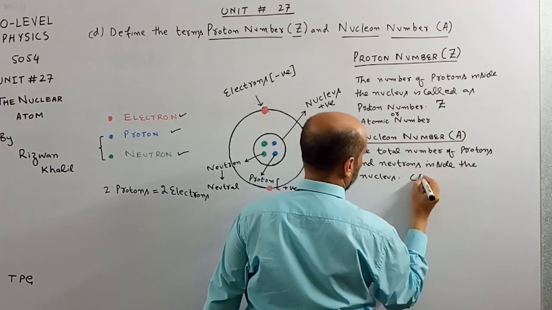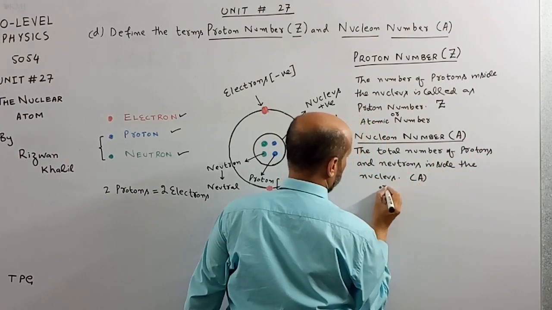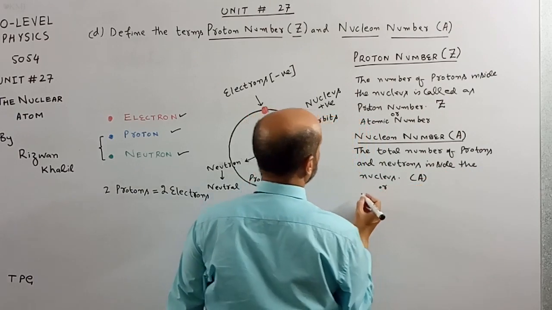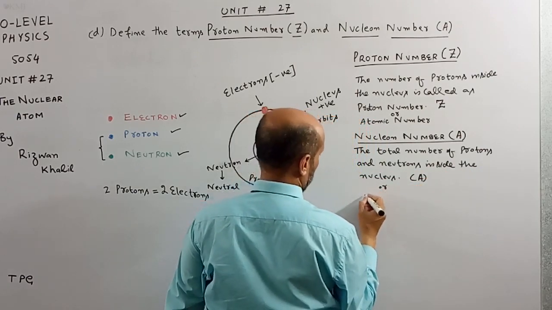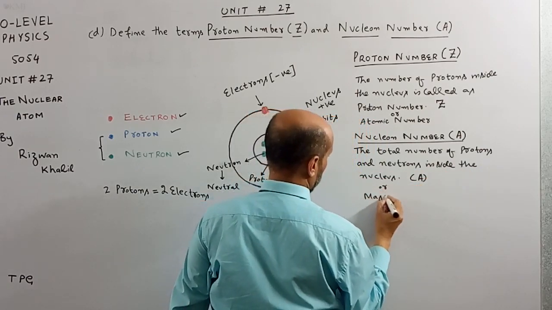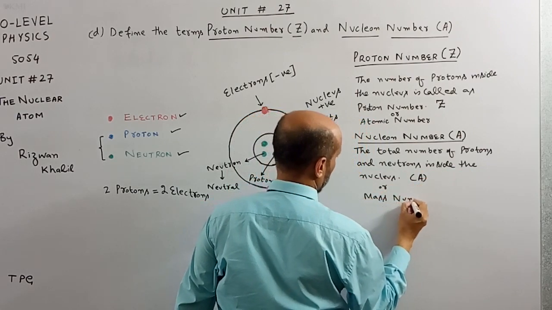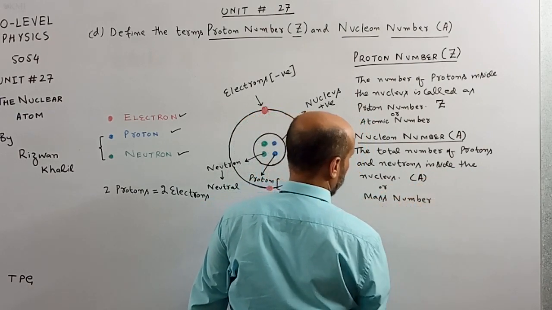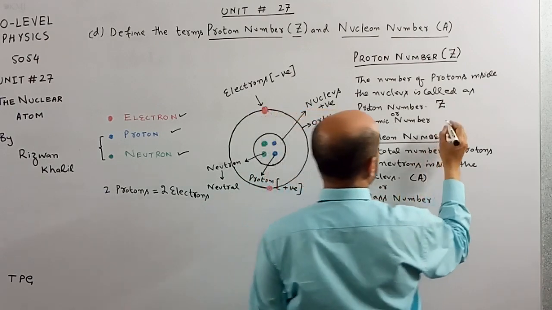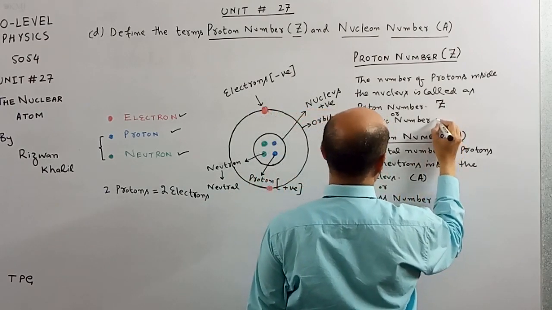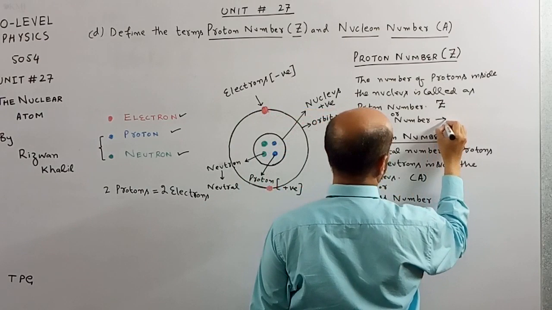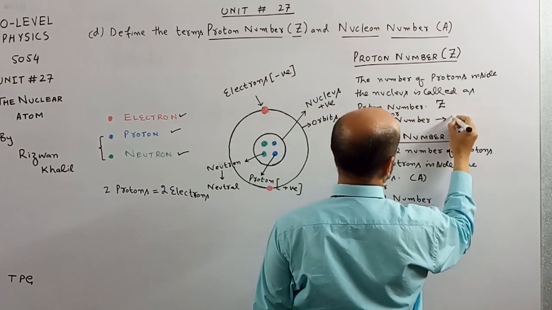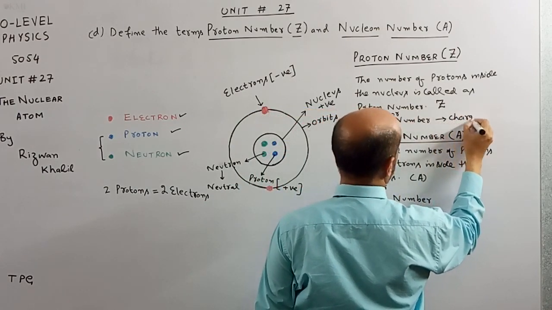It is denoted by capital A, and its alternate name is mass number as well. Another name of proton number is atomic number or charge number as well.